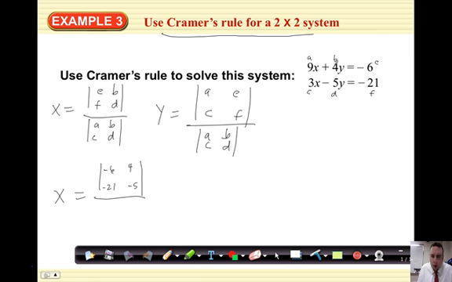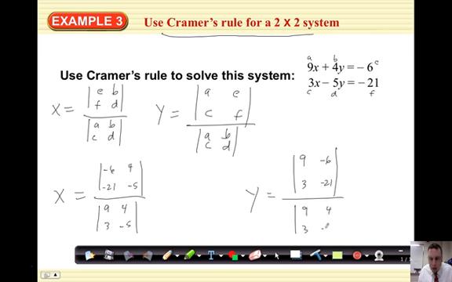All over the A, B, C, D right here: 9, 4, 3, negative 5. Y, put it over here, give us some room. AECF, so AE, 9, negative 6. CF, 3, negative 21. Once you get the hang of this, it's quick, okay? It doesn't take as long as it seems. And then bottom ABCD, 9, 4, 3, negative 5.